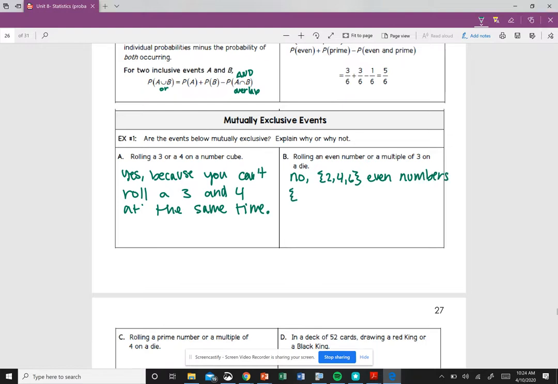And the set 3, 6, which are the multiples of 3, have one number in common. It's the number 6.